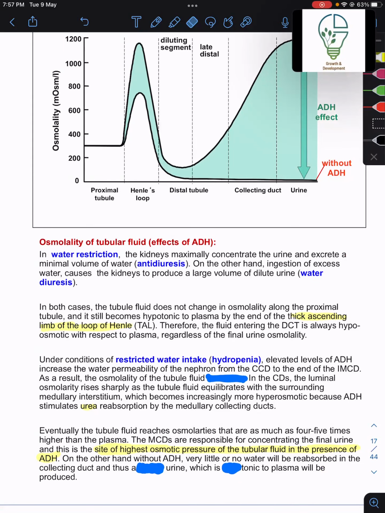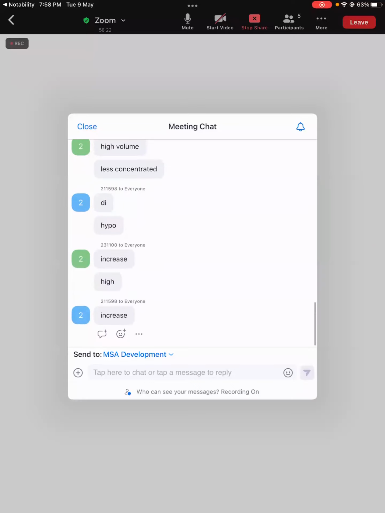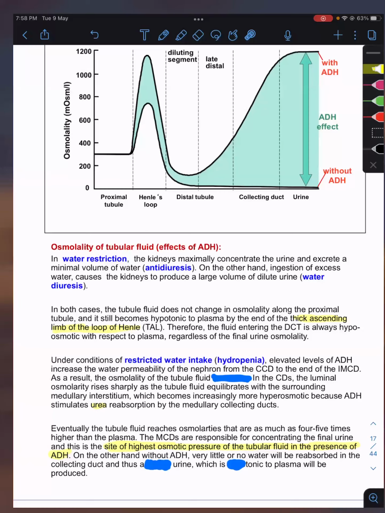Okay, and as a result of that, the osmolality of the tubular fluid, is that going to increase or decrease? In the presence of ADH, is the osmolality of tubular fluid going to increase or decrease? It's going to be high, increase, exactly.